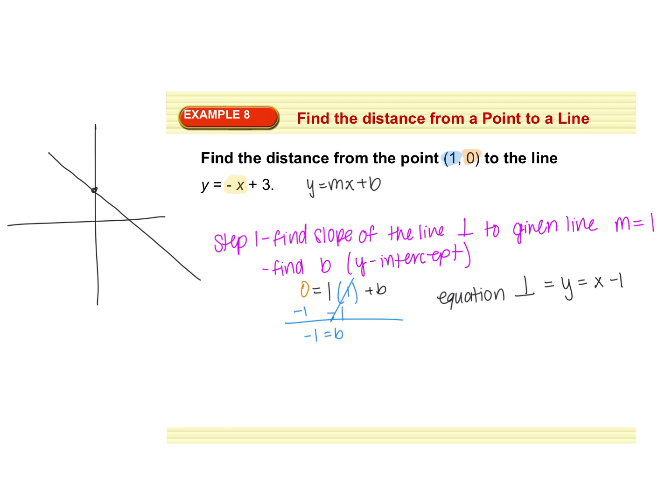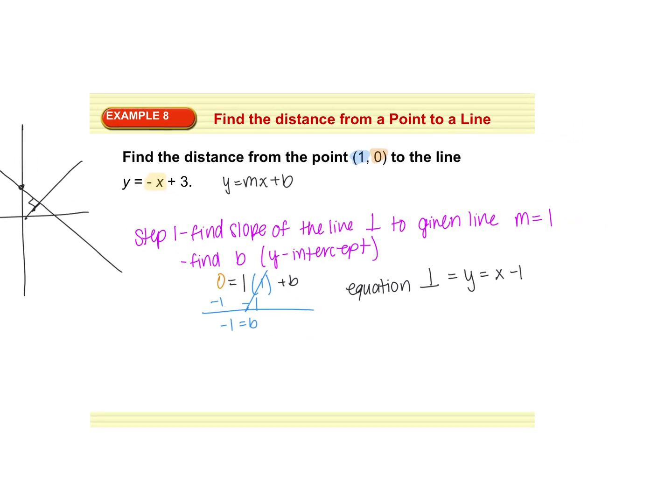You're finding the distance from the point, which is right here, to that line. So I need to find that perpendicular line, that 90-degree angle, because remember, we stated last lesson, if we're finding the distance to a line, you have to take the shortest distance, which is the perpendicular.